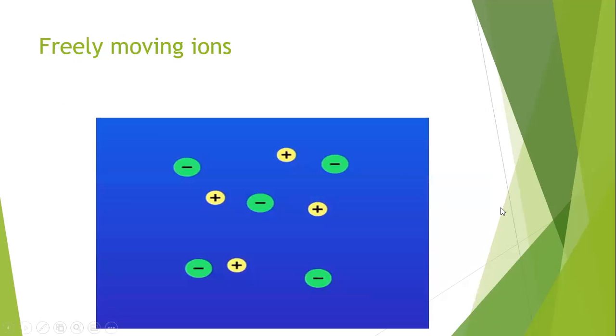When you are providing heat to the lattice structure, those ions which are regularly arranged and tightly packed start moving away from each other, start moving randomly.